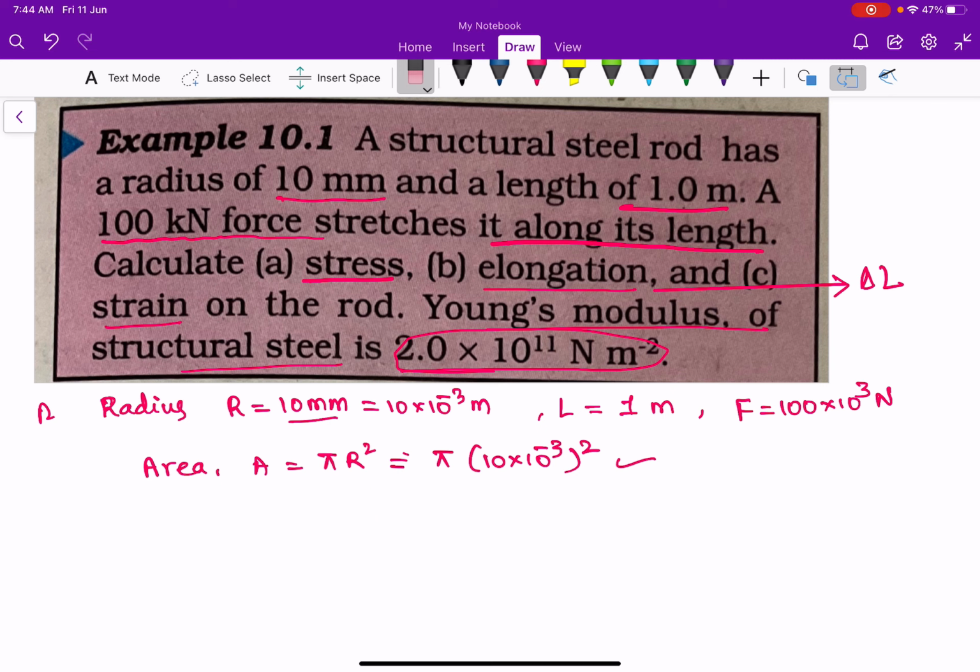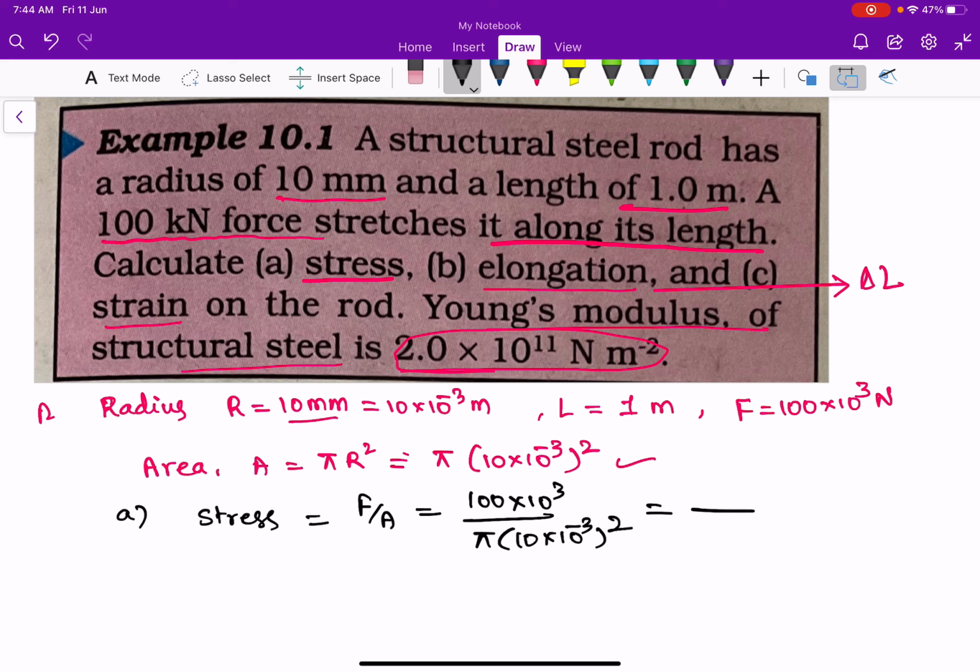First we need to solve part A, we need to solve for stress. Stress is nothing but force per unit area. Force is given as 100 into 10 to the power of 3 divided by area, pi into 10 into 10 to the power of minus 3 whole square. By solving this, you will get the stress.